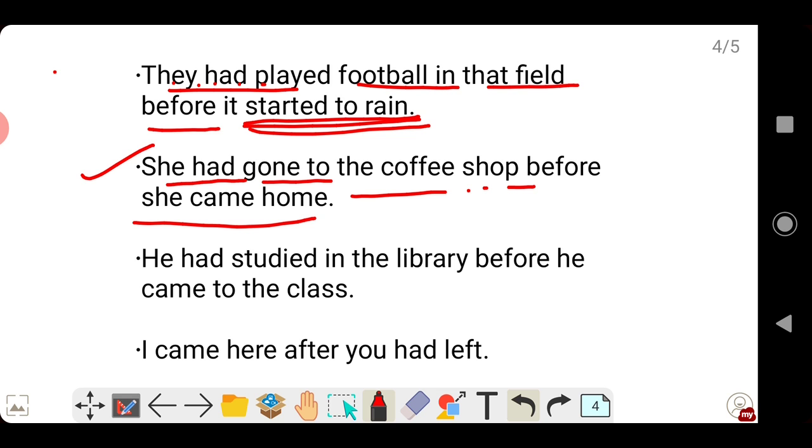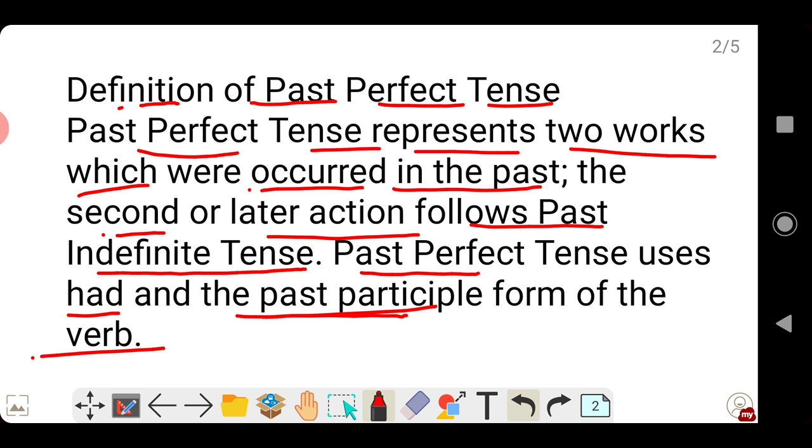Again, let me explain the definition and the process of past perfect tense. Here we are talking about two sentences. Past perfect tense represents two actions which occurred in the past. The second or later action follows the past indefinite.